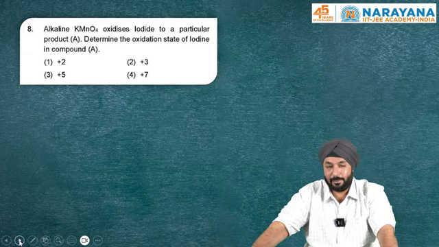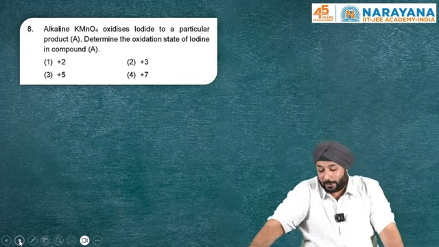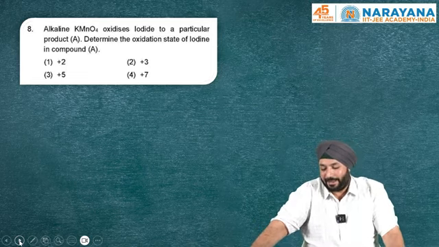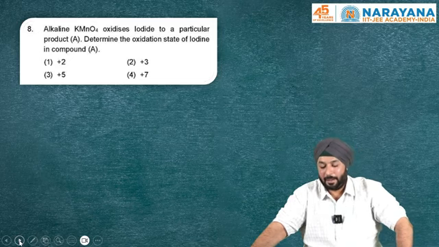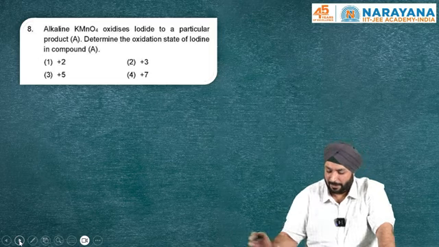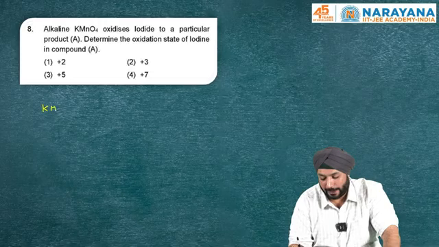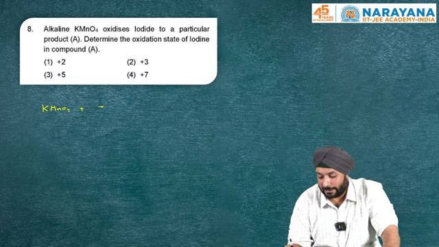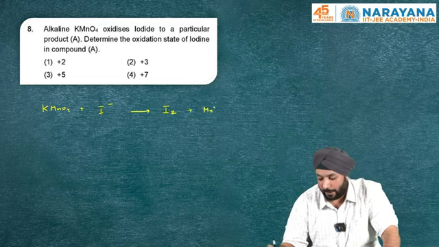Now in question number 8, alkaline KMnO4 oxidizes iodide to a particular product A. Determine the oxidation state of iodine in compound A. Now listen, this is a very genuine question, which is very standard. Whenever you have KMnO4, you know that KMnO4 is actually an oxidizing agent which will oxidize I minus to iodine and Mn2 plus.